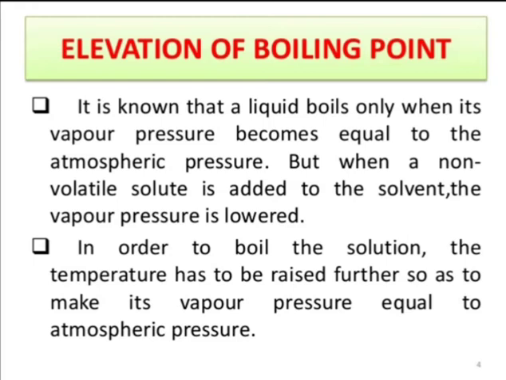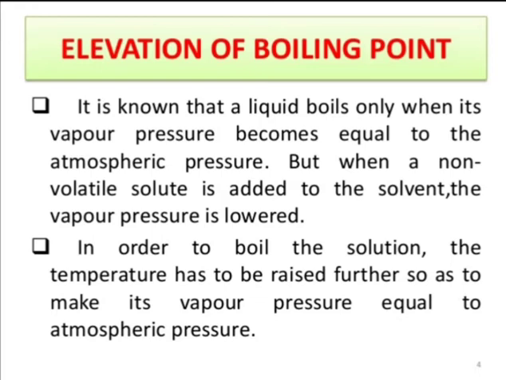There is a difference between the actual boiling point and the observed boiling point after addition of the solute. It is well known that a liquid boils only when its vapor pressure becomes equal to the atmospheric pressure, and when a non-volatile solute is added to the solvent, the vapor pressure is lowered. Obviously we will take the non-volatile solute which is soluble in the solvent.